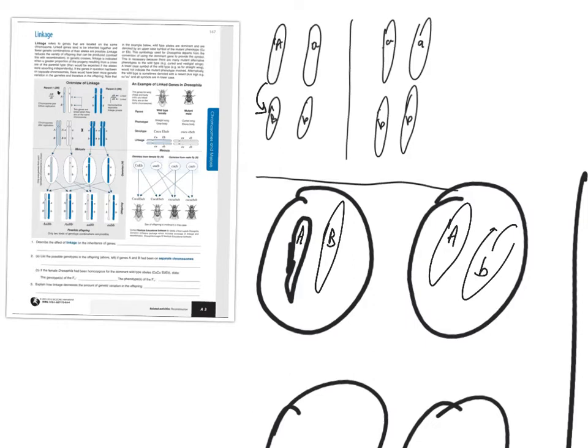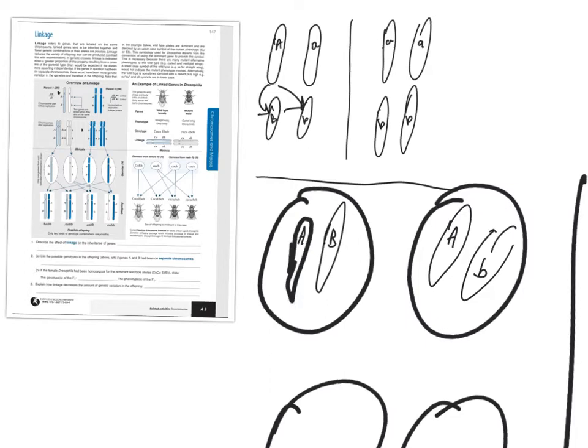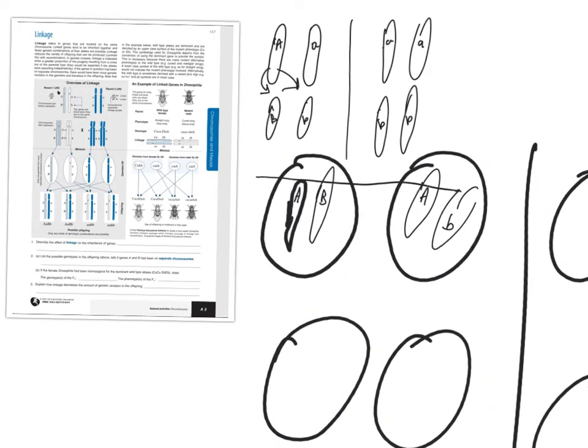This one to this one, and then that one to that one. So those are 2 options there. What's the other option for the other chromosome?